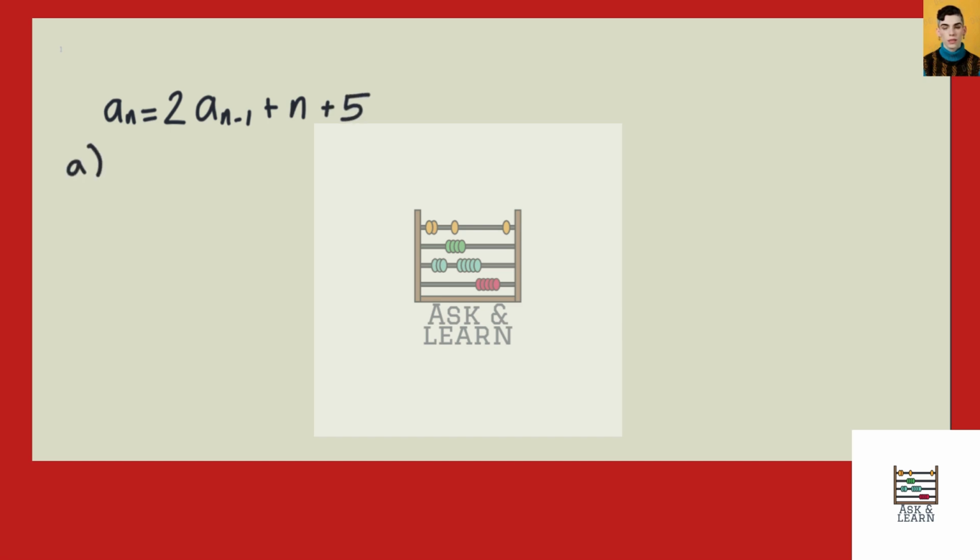Okay, so part A says that a_n being equal to capital A times n plus b needs to be the solution of what we have above. But this implies that a_{n-1} is equal to A times (n minus 1) plus b.